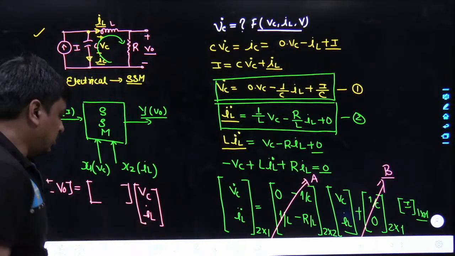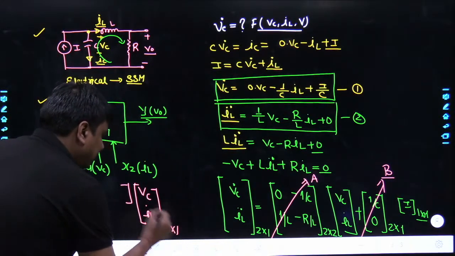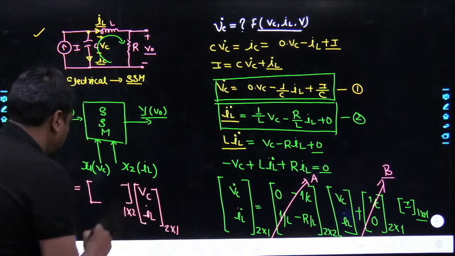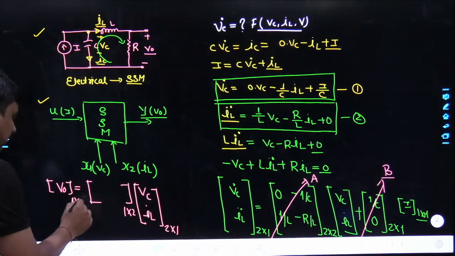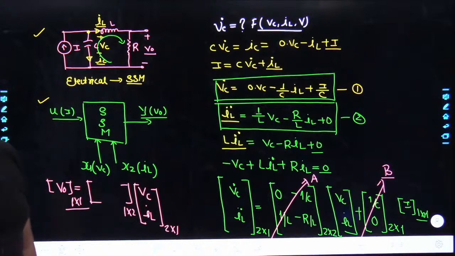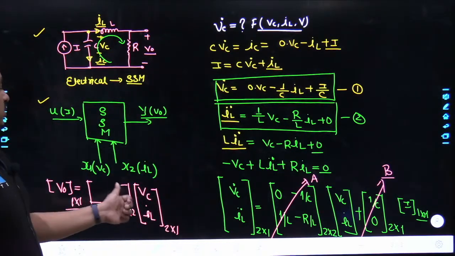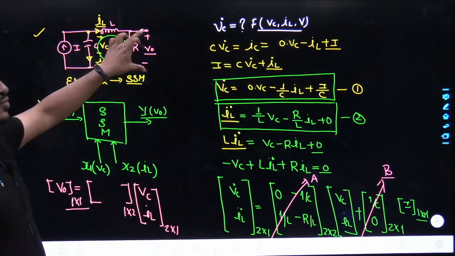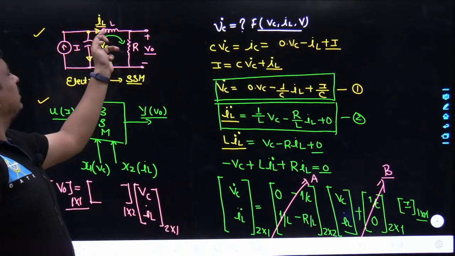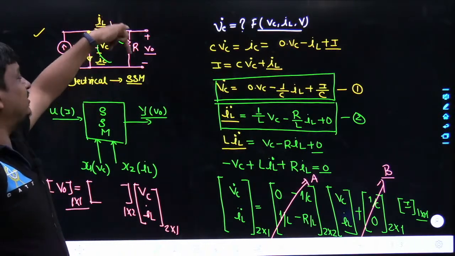Yes, the order of this matrix would be 2 cross 1, and the order of this matrix has to be 1 cross 2 to match their multiplication as 1 cross 1. Agreed? May I know what would be the output? You can see very well the output voltage V0 can be easily connected with the state variable. The current across the inductor and the current across the resistor would be the same as they are in series.